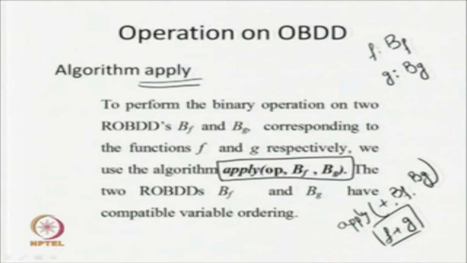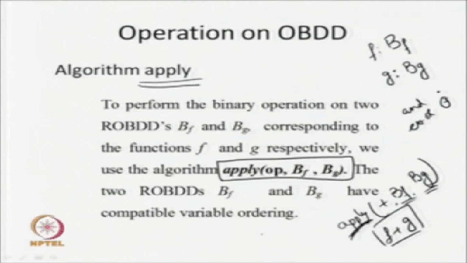We have the BDD representation of f and the BDD representation of g, so we will use this apply algorithm to perform this addition or OR operation. Similarly, you can use the XOR operation. We can use any operator, and this apply algorithm is going to give us the BDD which represents f plus g or f dot g.